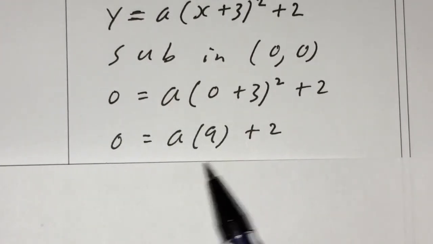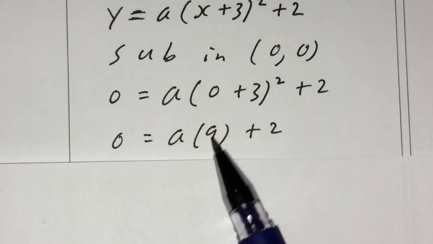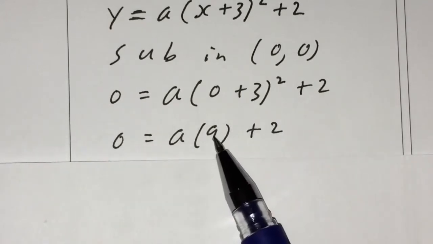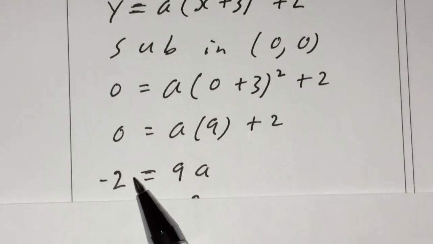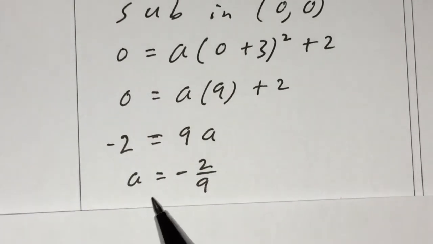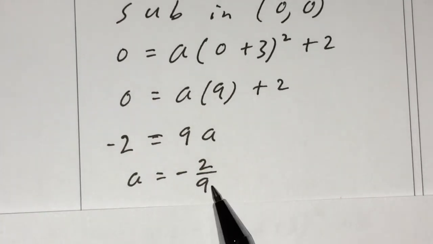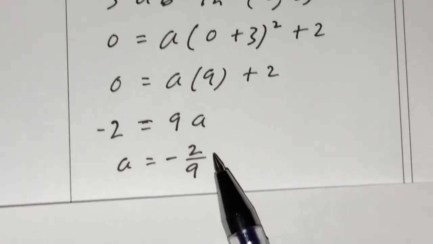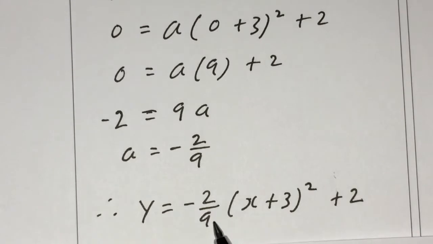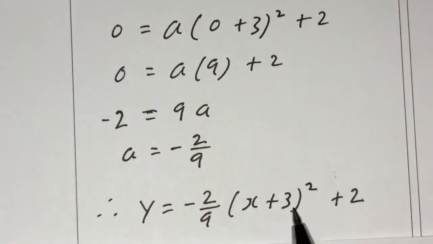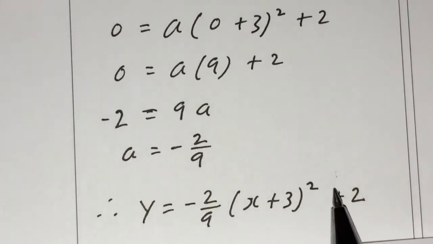Now you've got 0 equals 9a plus 2, because 3 squared is 9. Bring the 2 over, negative 2, and a equals negative 2 over 9. Now you can sub that into the vertex form: y equals negative 2 over 9, which is a, times (x plus 3) squared plus 2.